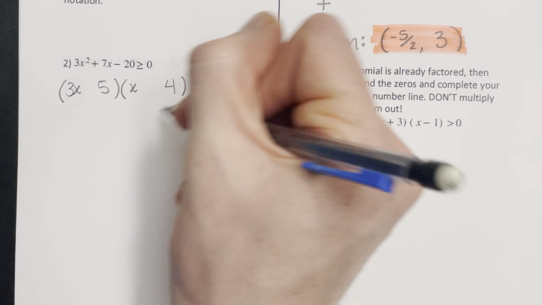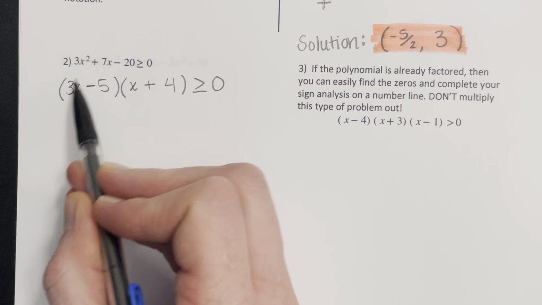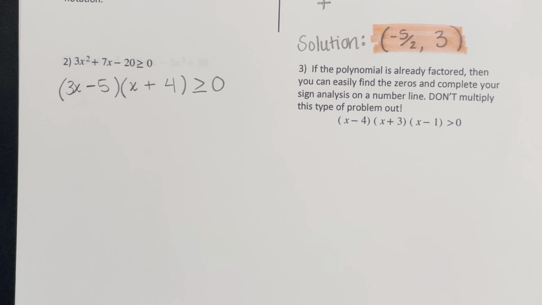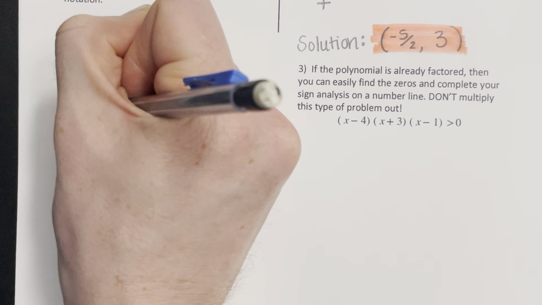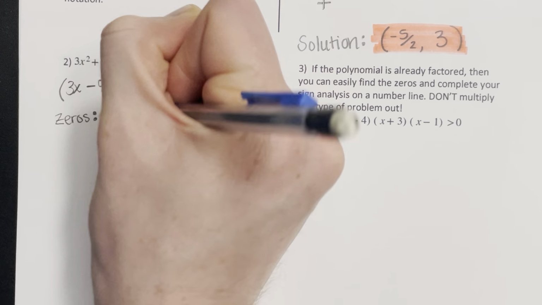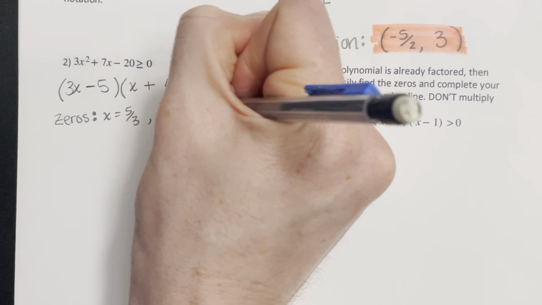That would give me 12x minus 5x is 7x. So 3x minus 5 times x plus 4. If we multiply it back out, we do get the 3x squared plus 7x minus 20. From those, we can find the zeros. Our zeros would be at 5/3 and -4.